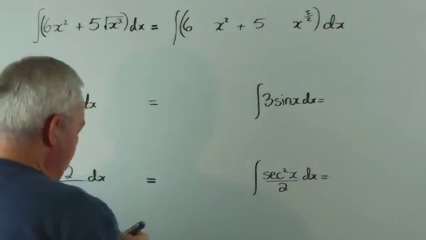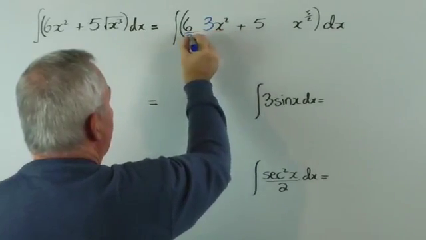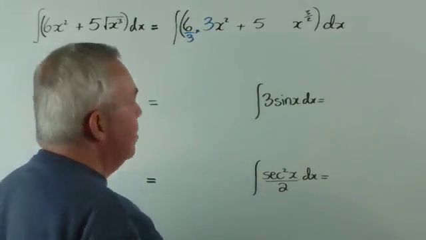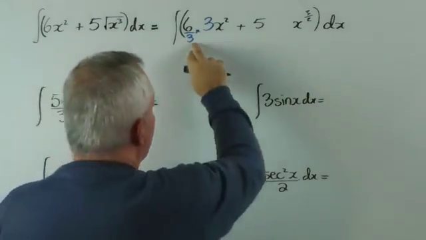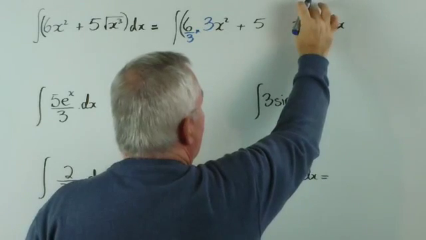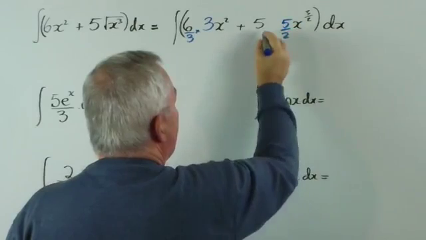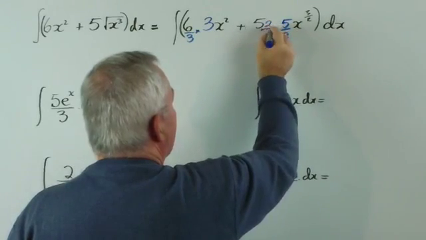Now the pattern we need to integrate is 3x squared, so we compensate by dividing the coefficient by 3 as well. And over here, 1 more than this would be 5 on 2, and we would compensate by multiplying this by 2 on 5.